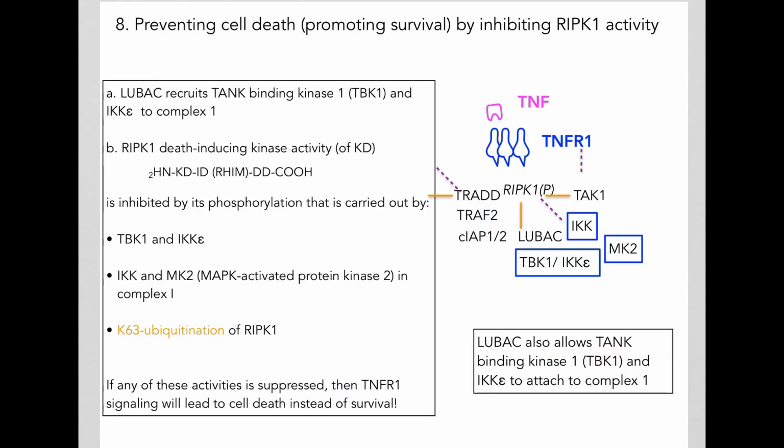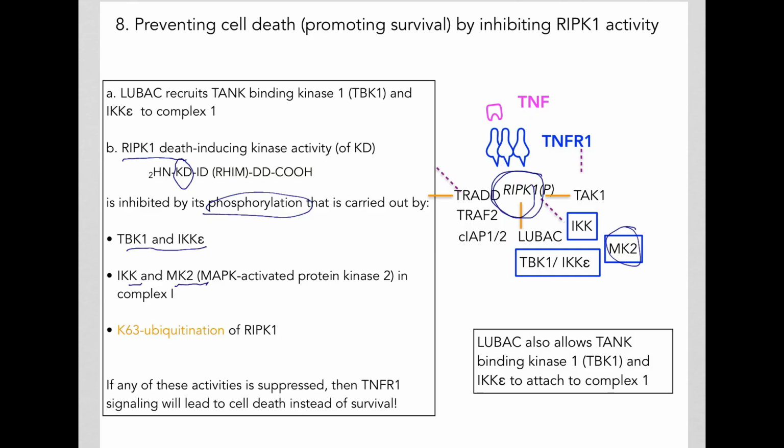In order for the cell survival program to occur, it's important that the kinase activity of RIPK1 is inhibited. So the kinase activity of this enzyme RIPK1, if it's inhibited, then the cell will survive. And this inhibition is done by phosphorylating RIPK1. And this phosphorylation is carried out by several different means, by the proteins TBK1 and IKK epsilon, as well as the IKK complex and MK2.